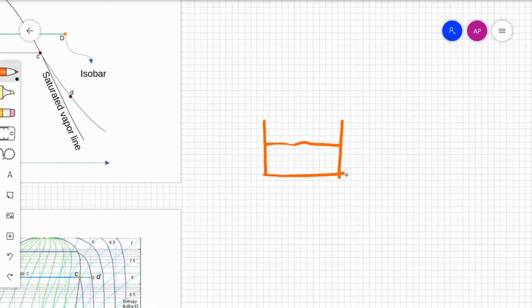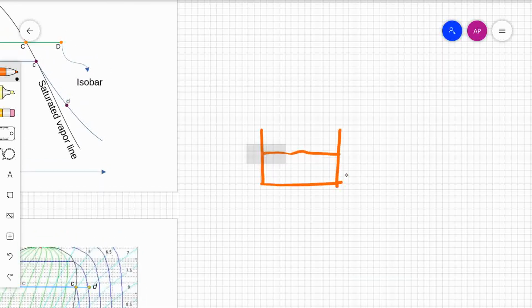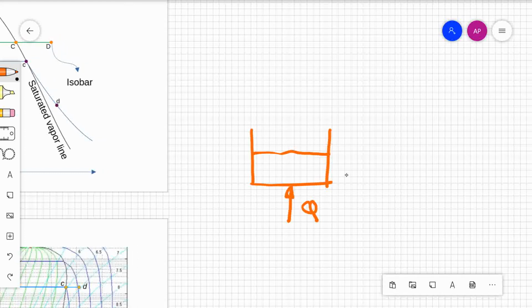Now this liquid is kept in the atmospheric condition. It is kept in the atmosphere, open. Now we start giving heat Q to it and boiling it. We note its temperature.